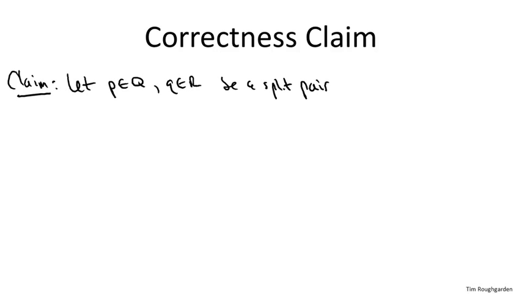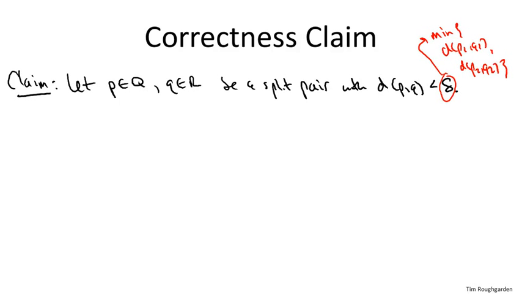Now there may or may not be such a pair of points p, q. Don't forget what this parameter delta means. What delta is, by definition, is the minimum of d of p1 q1, where p1 q1 is the closest pair of points that lie entirely in the left half of the point set Q, and d of p2 q2, where similarly p2 q2 is the closest pair of points that lies entirely inside of R. So if there's a split pair with distance less than delta, this is exactly the unlucky case of the algorithm.